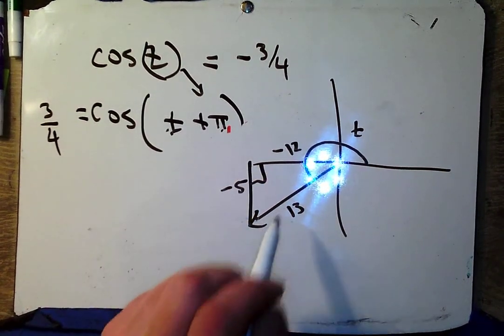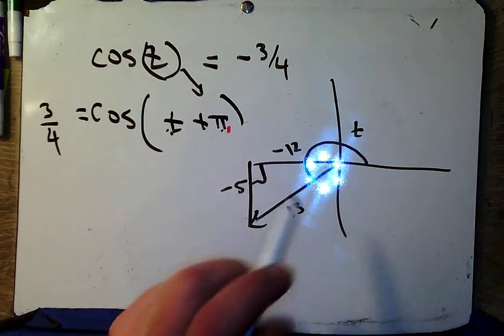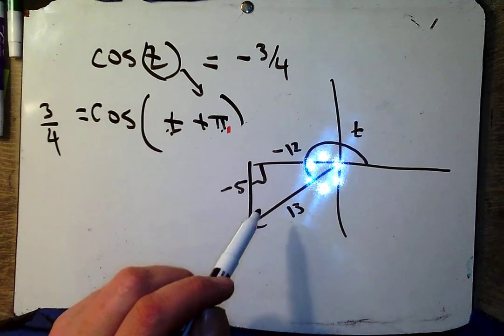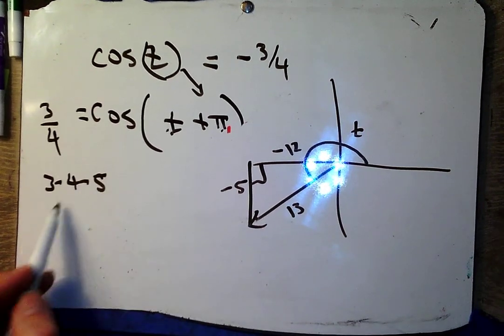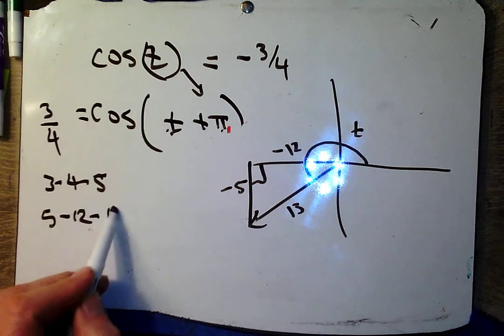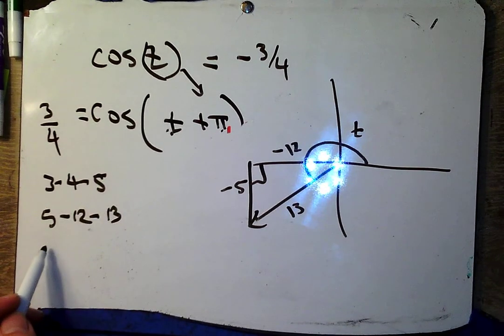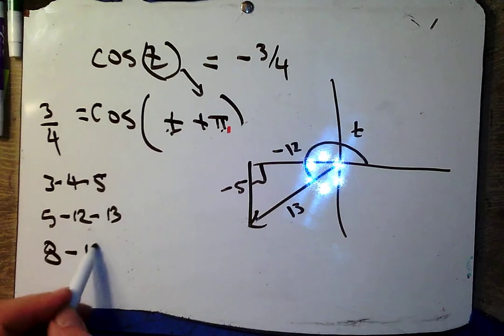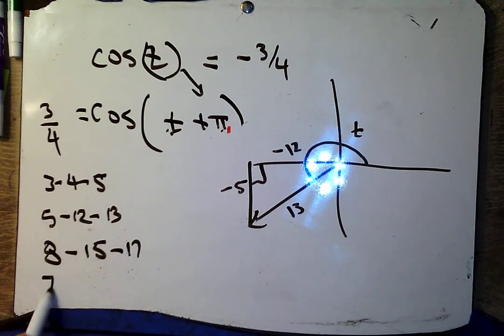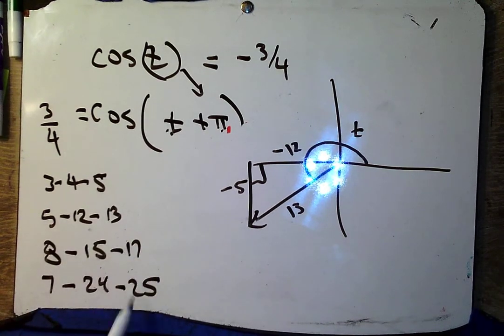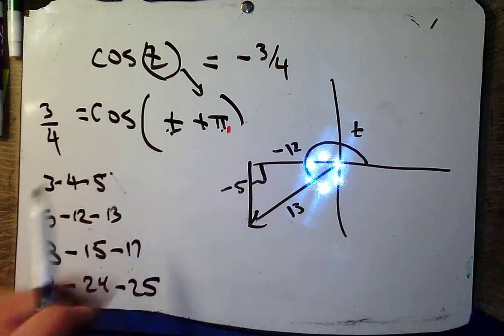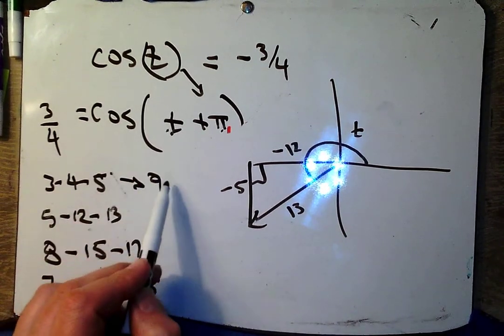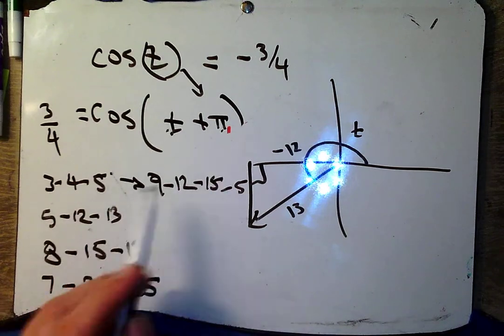By the way, that's a Pythagorean triple, and you'll see those a lot in this trig semester. 3, 4, 5 is a triple. 5, 12, 13 is a triple. 8, 15, 17 is a triple, and 7, 24, 25 is a triple. And not only are these Pythagorean triples, but also multiples of these. So if I multiply all of those by 3, I'm going to have 9, 12, 15 is also a triple.